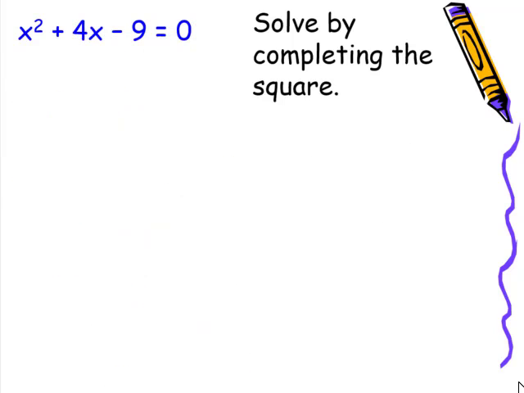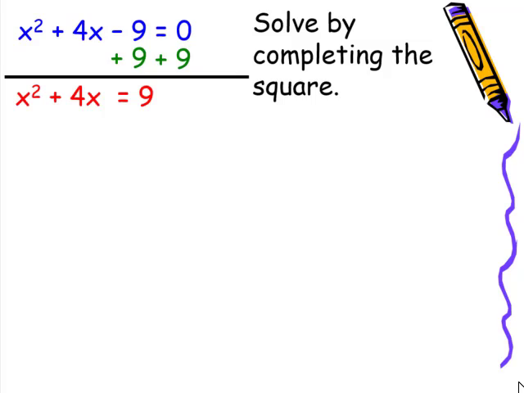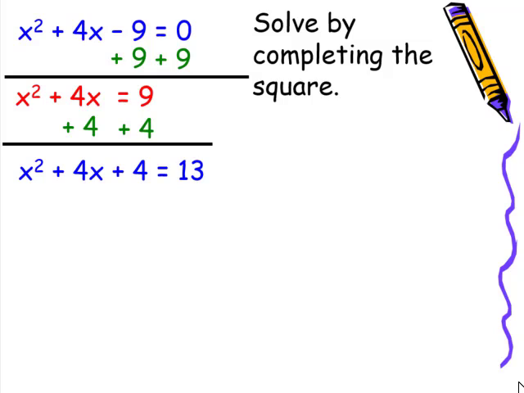We will need to solve by completing the square. So we'll add 9 to both sides. First, to complete the square on the left-hand side, we'll have to take half of 4, which is 2, and 2 squared is 4, so we'll add 4 to both sides. Since the left-hand side is a perfect square now, we can factor it to x plus 2 squared. Take the square root of both sides.